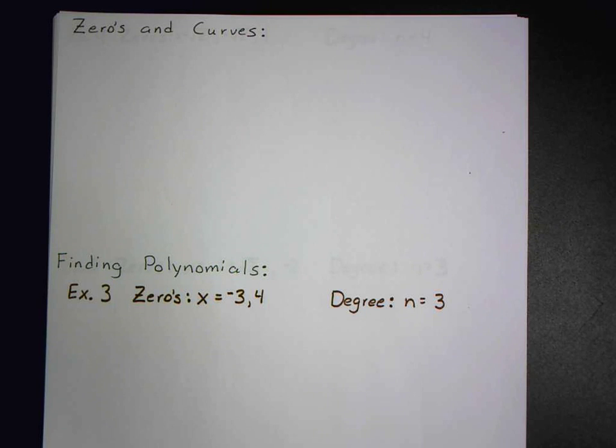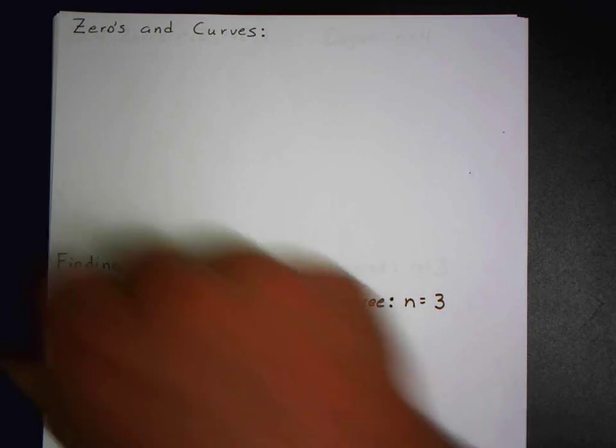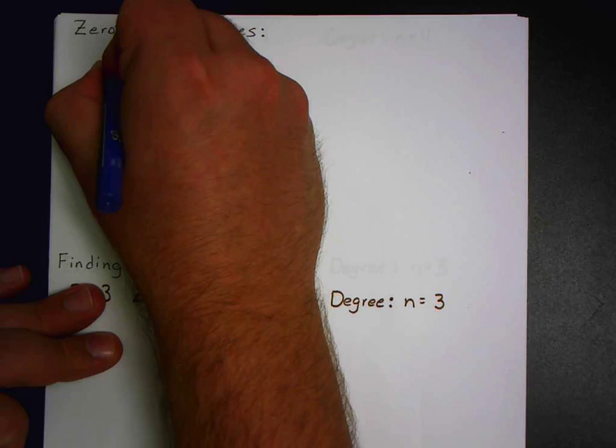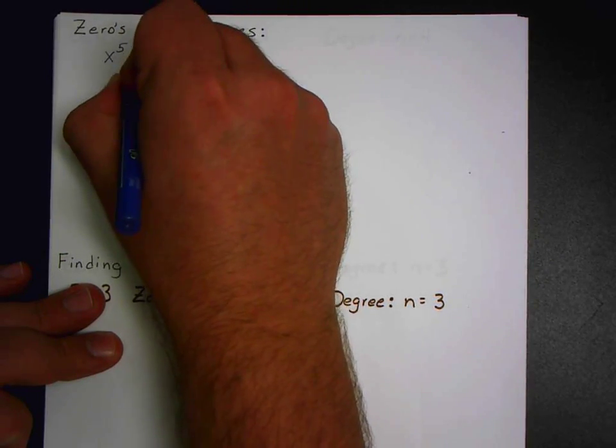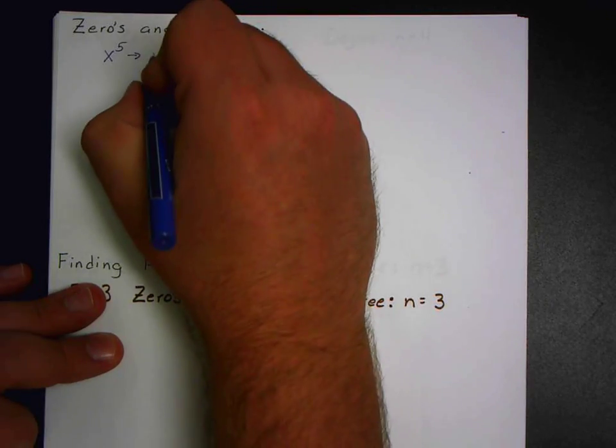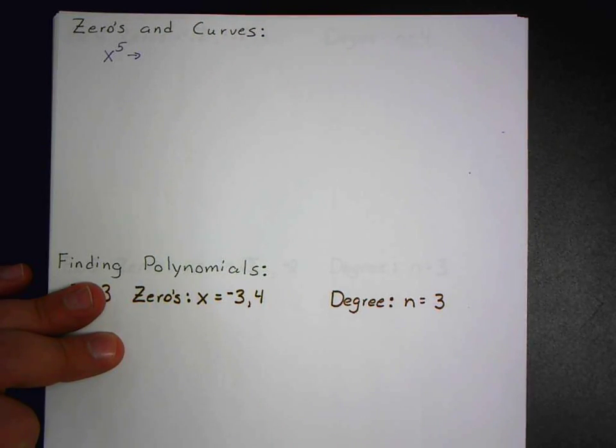Zeros and curves. Whenever we did that last graph, it was an x to the 5th, right? How many zeros did it have? Okay, it had 3 zeros, but it actually really had how many zeros whenever you count the multiplicity? 5 zeros.